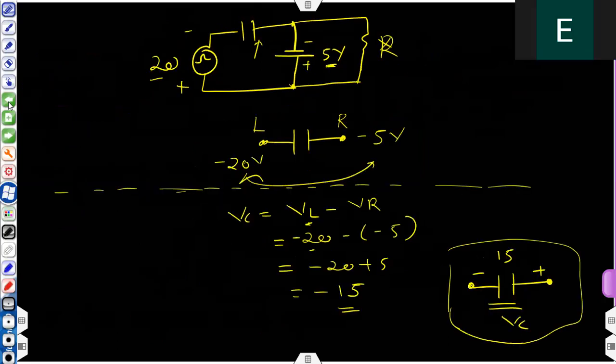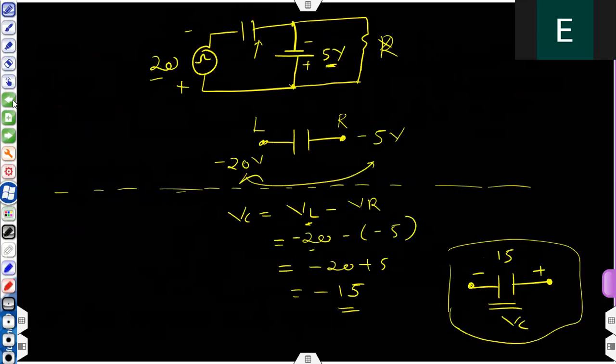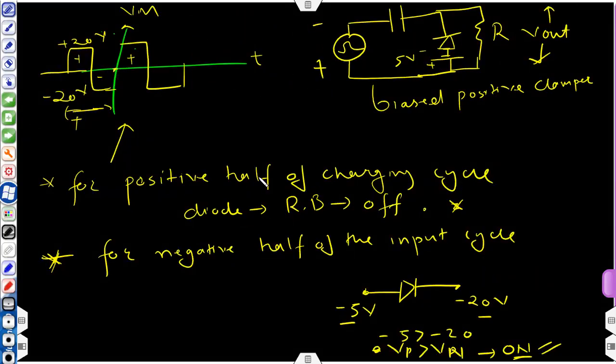So for this section, in the positive half of the input, the diode is in off state. No, the previous one. So for this section, the diode is in off state. So when we draw the graph, you don't have to draw the graph for this charging cycle.